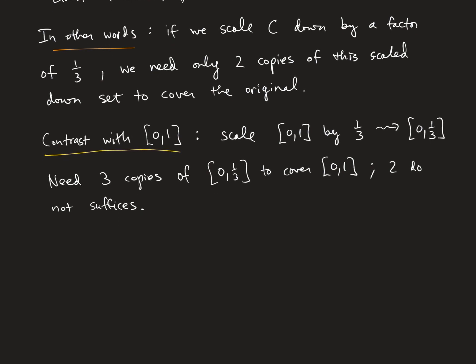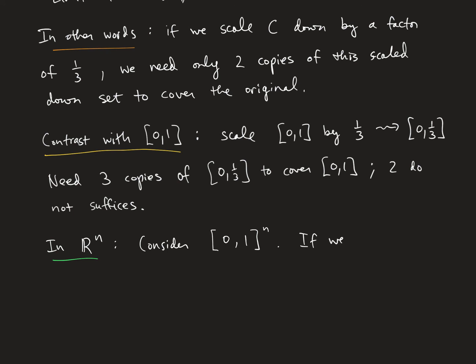So it's revealing to look at this in higher dimensions. Let's say in R^n, consider the unit cube, the product of the closed interval 0, 1 with itself n times.